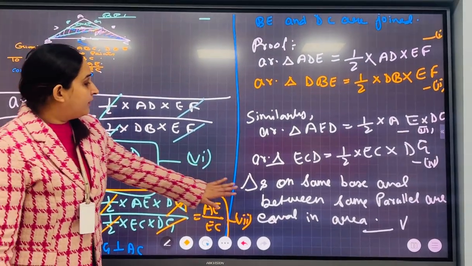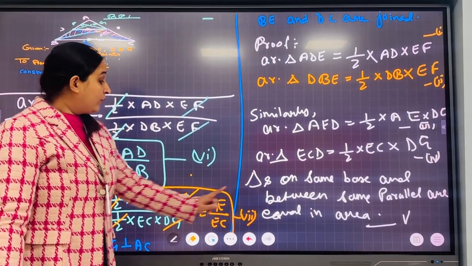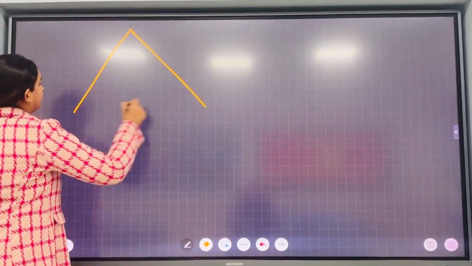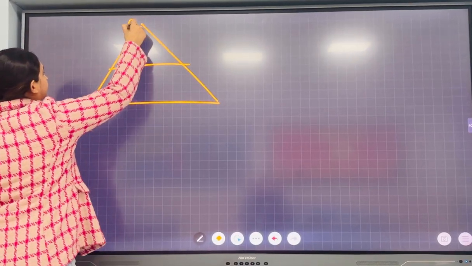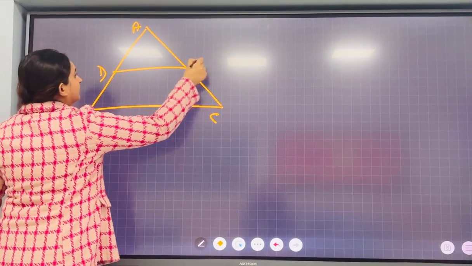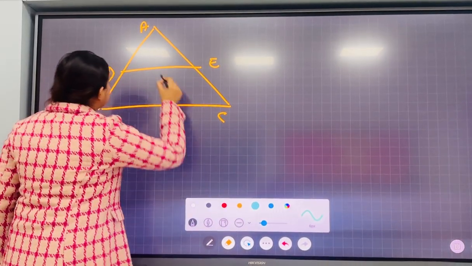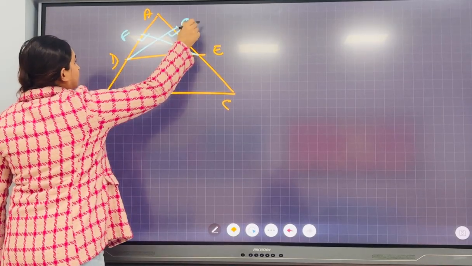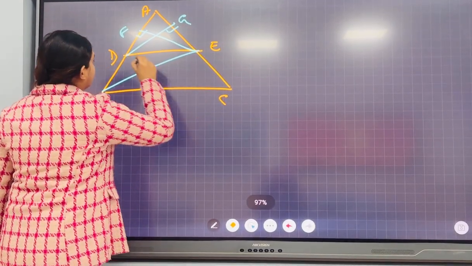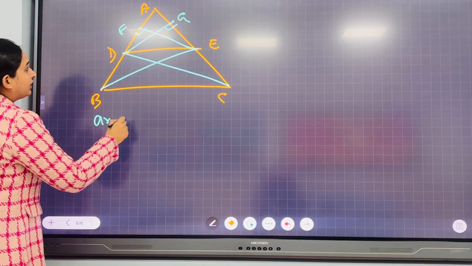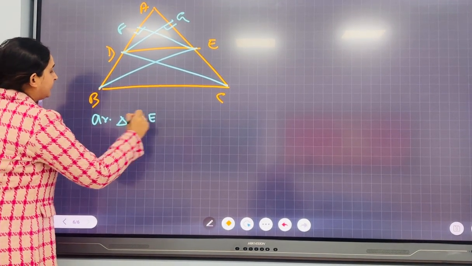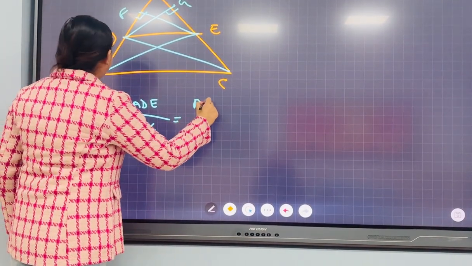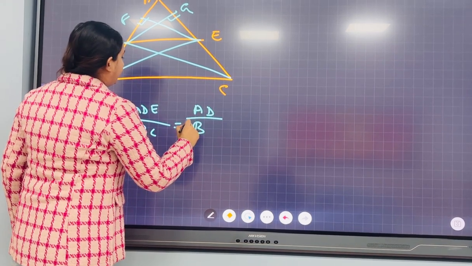Now from 5, 6 and 7, we can say that, this was your triangle. So these two triangles, area of triangle ADE upon area of triangle DBE is equal to AD upon BD.